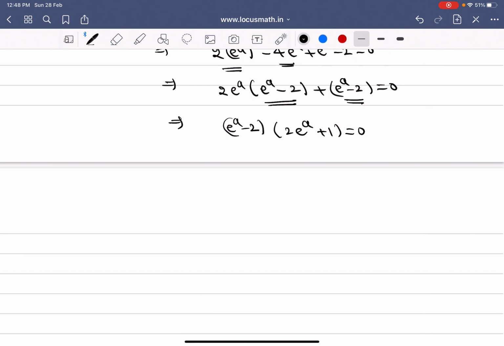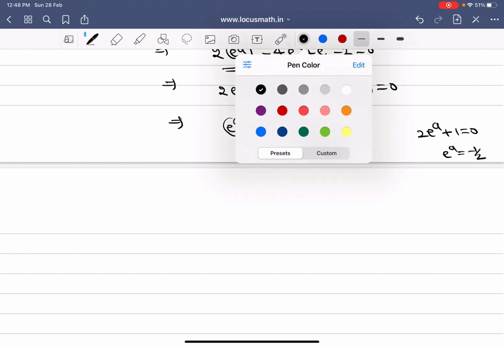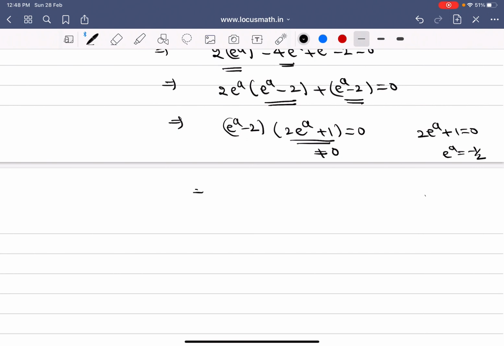But this 2e^a plus 1 can never be 0, since if 2e^a plus 1 is equal to 0, e^a is equal to minus 1 by 2. This is not possible. So the only possibility is e^a minus 2 is equal to 0.